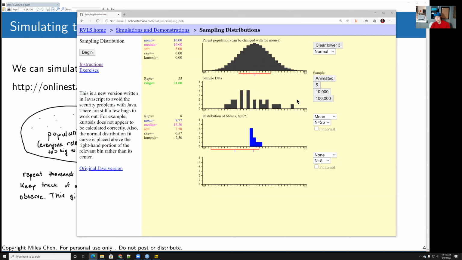Okay, and the average ends up there. And so again, I can do 5 at a time. Here we are at around 200,000. We have a mean of 16 and a standard deviation of 1. Okay, and this is what it looks like.